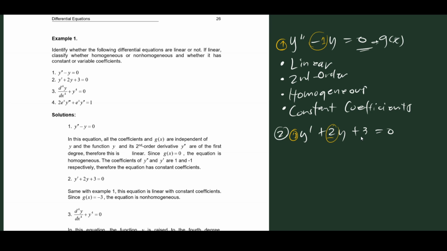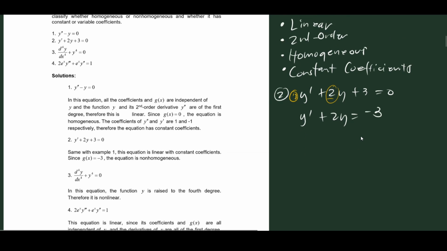This positive 3 is actually our non-coefficient function, so we just have to transfer it to the right side in order to convert this to the standard form. Let's subtract 3 from both sides of the equation, so we get y prime plus 2y is equal to negative 3.